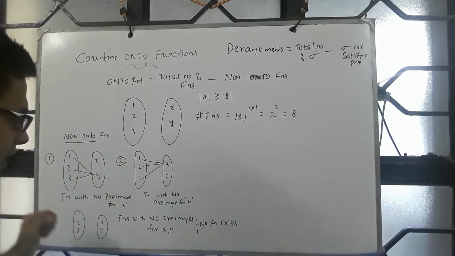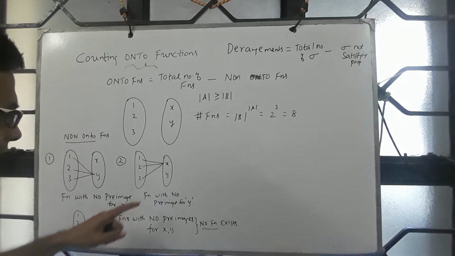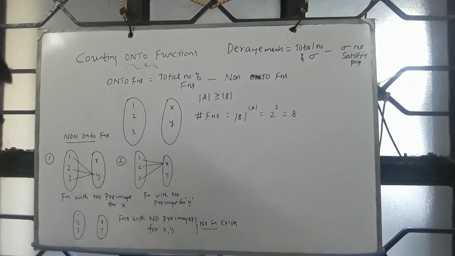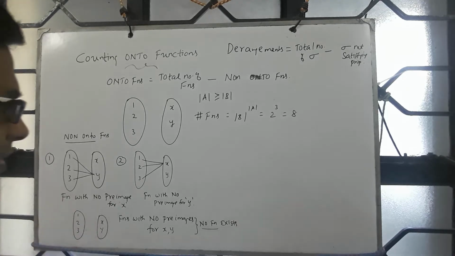Now we are asking, are there functions where none of them are having pre-images? But you see, from a set of size 3 to a set of size 2, no such functions are possible, because by definition each of them should have one image on the other side. And if you say that these two elements are not having pre-images, which means no such function exists.